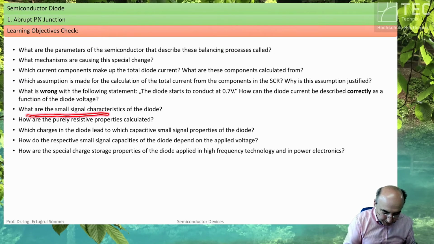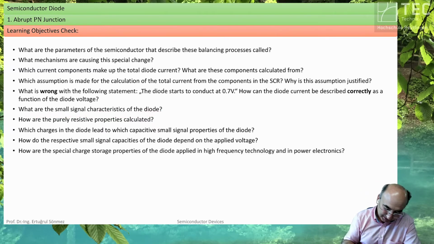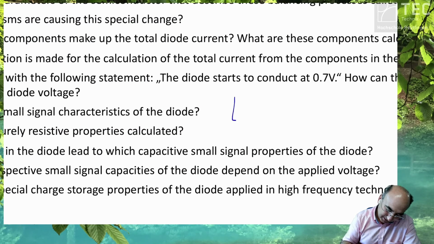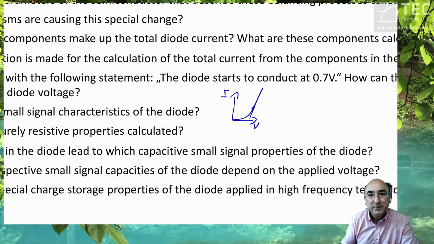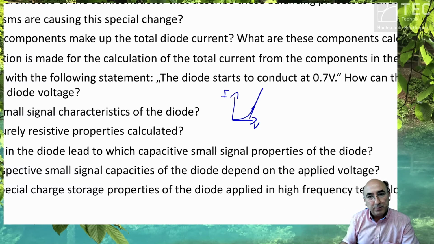What are the small signal characteristics of the diode? Okay, the small signal characteristic of a diode is, for the voltage to the current, an exponential one, and the small signal is the slope of that. Slope is the first derivative of the current equation.